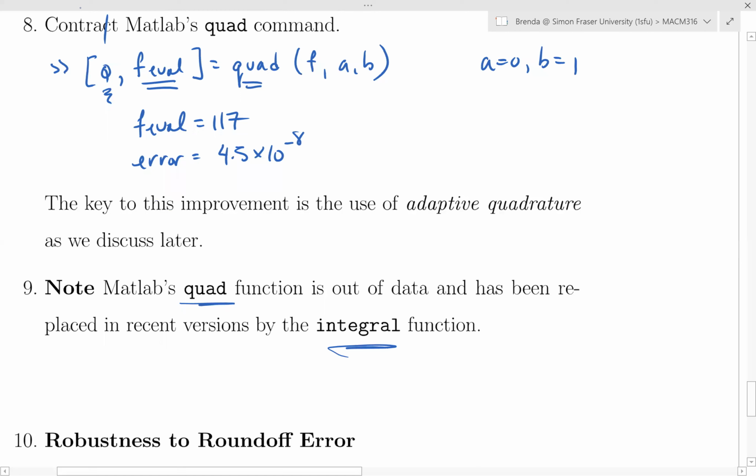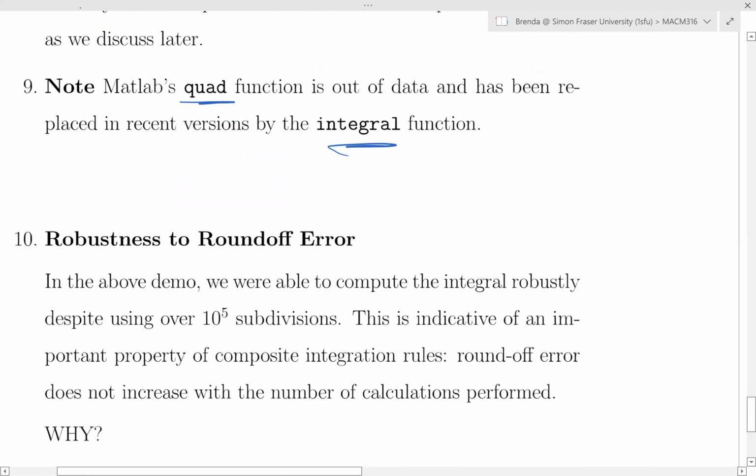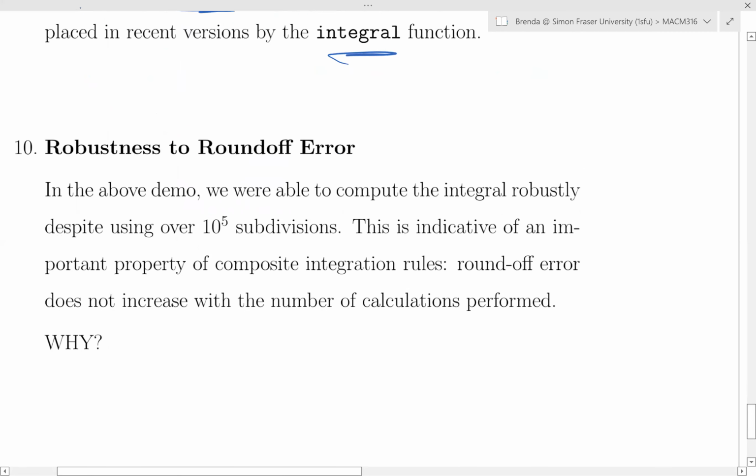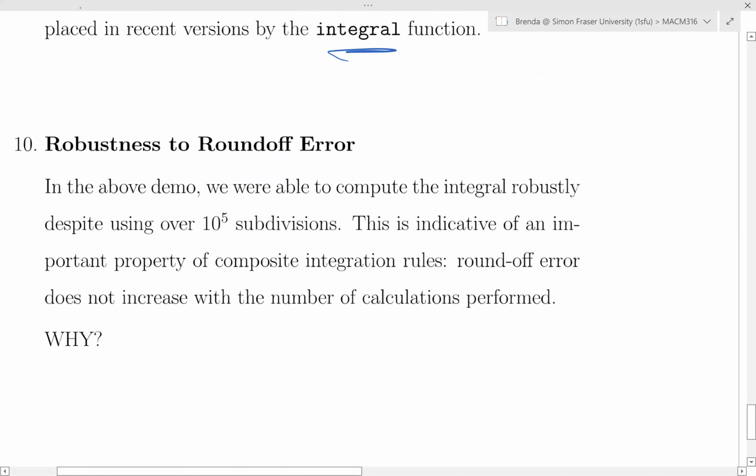Okay, so adaptive quadrature. We're going to notice that in the little graph that we did, we were able to compute the integral robustly by using a large number of calculations and subdivisions.